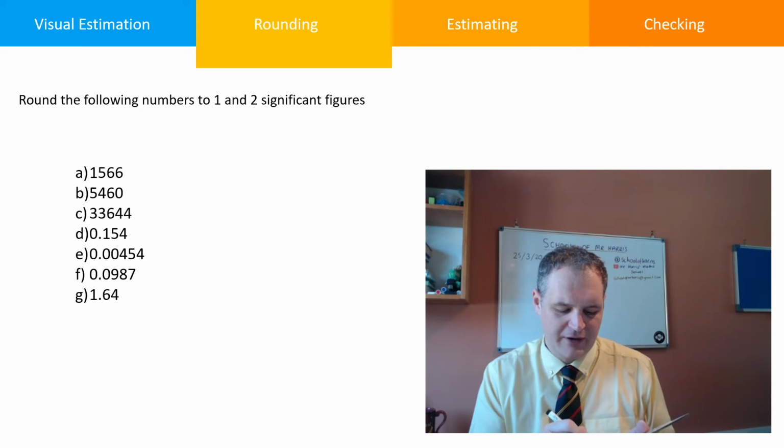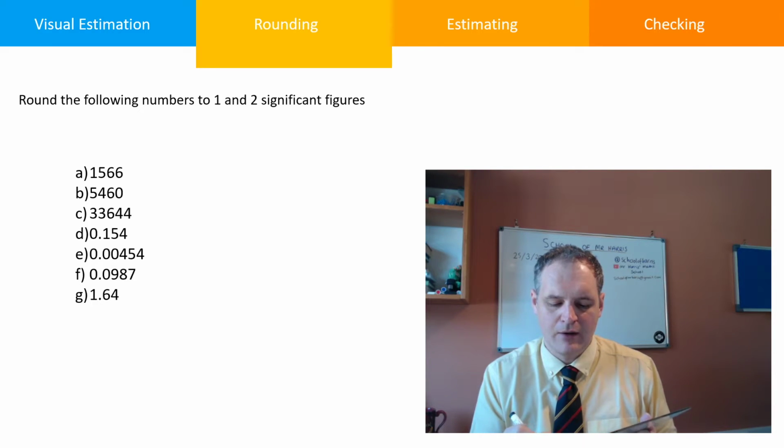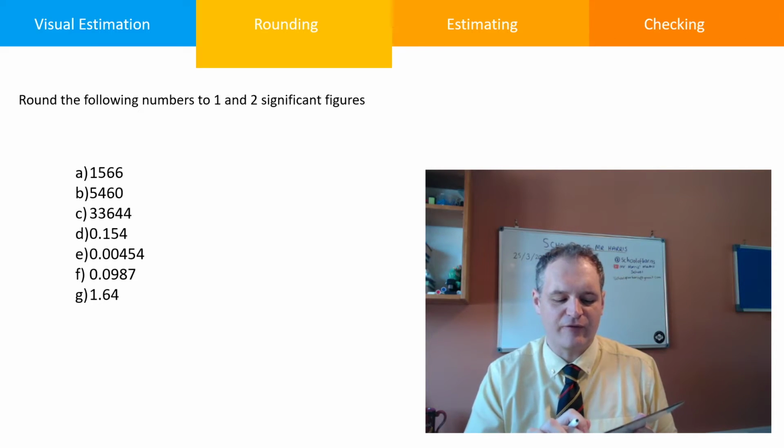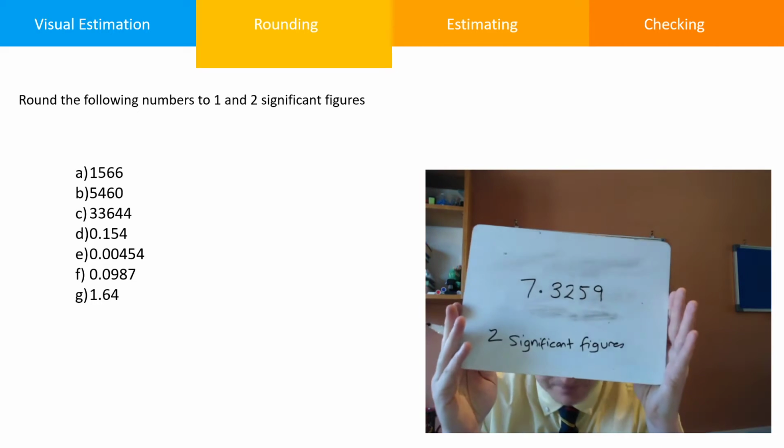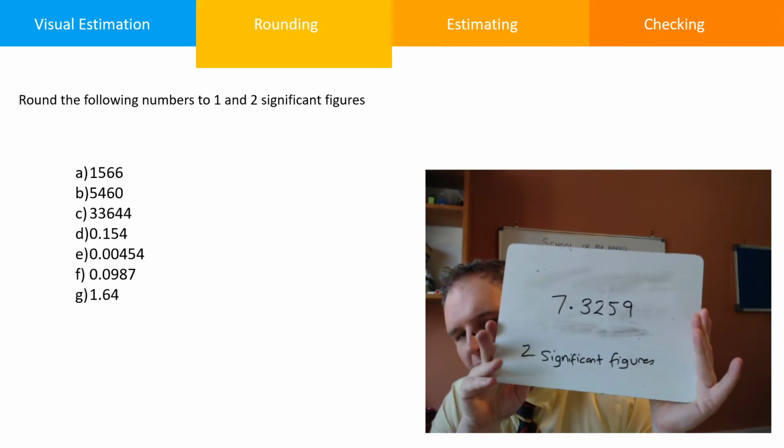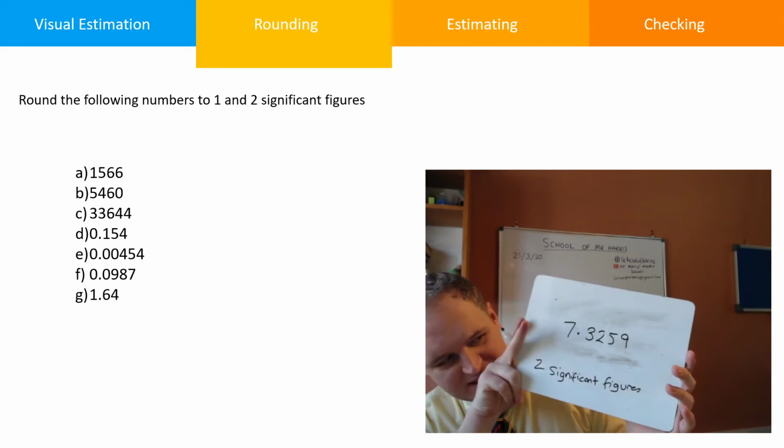Significant figures counts, instead of starting at the decimal place, to have 2 significant figures, we're going to start at the front of the number with one exception. It's the front of the number, ignoring any zeros at the front.